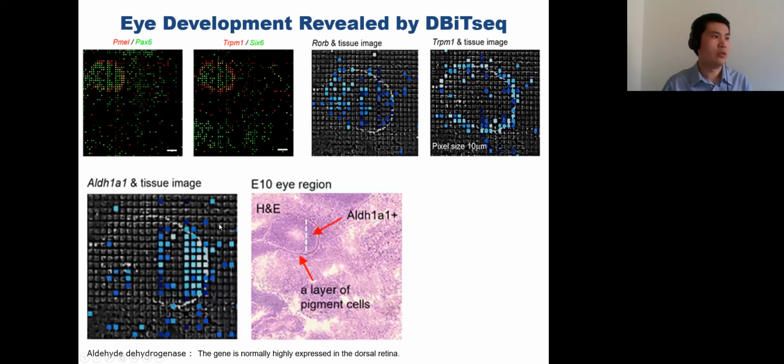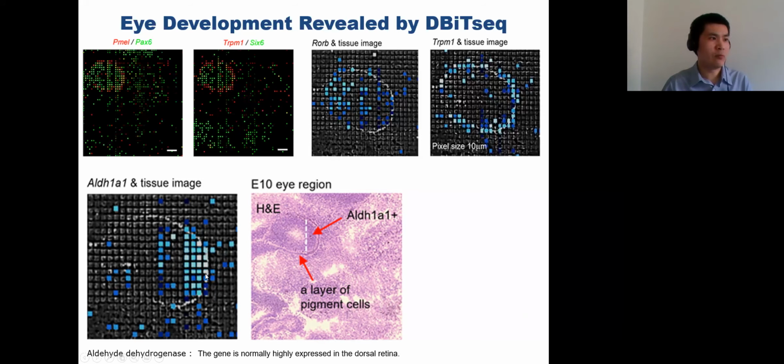And we also look at the expression of other genes, one of the interesting ones being the aldehyde dehydrogenase gene. It's being expressed at the right part of the eye, and pretty distinct from the other region of the eye.